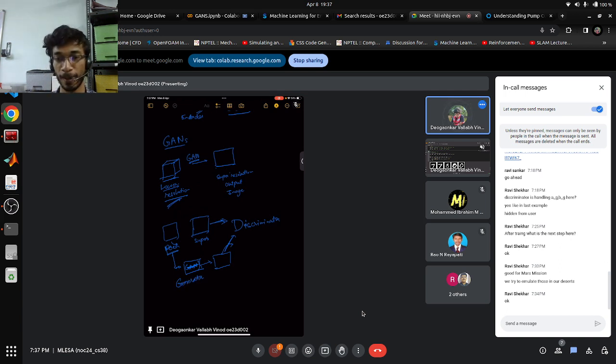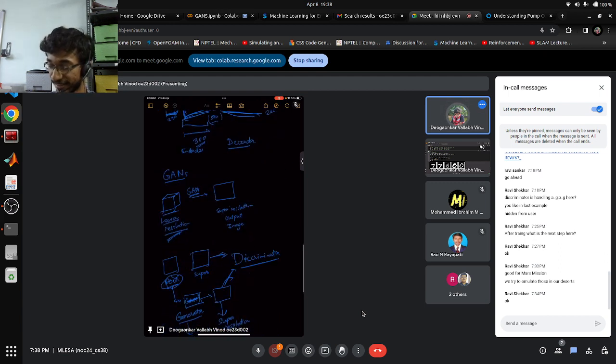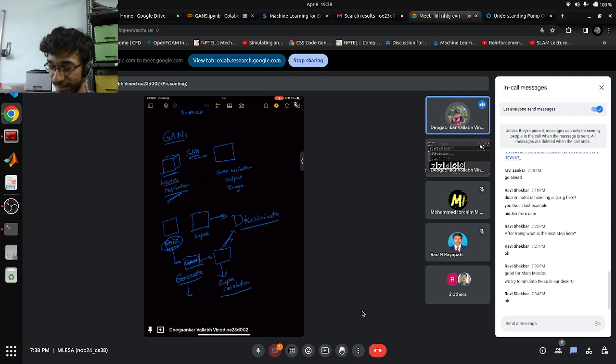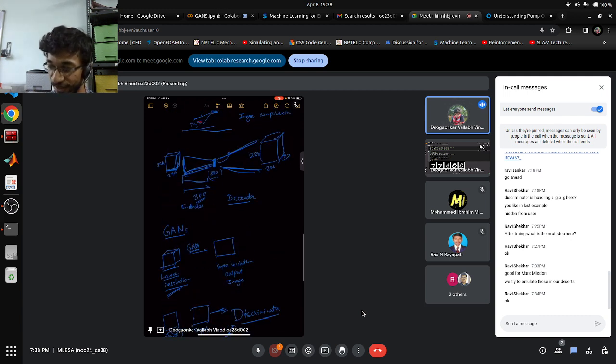So you could have a philosophy like this and keep on training this generator and discriminator so that you end up learning a generator which can take a poor resolution image and make it into a super resolution image. Then whatever you achieved with this generator, you can put after what you get from your decoder.